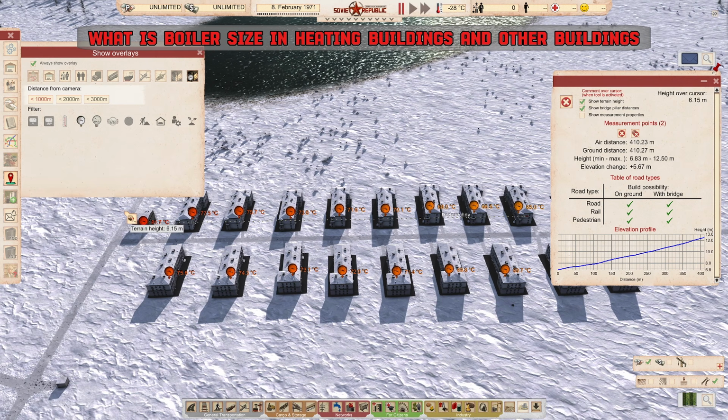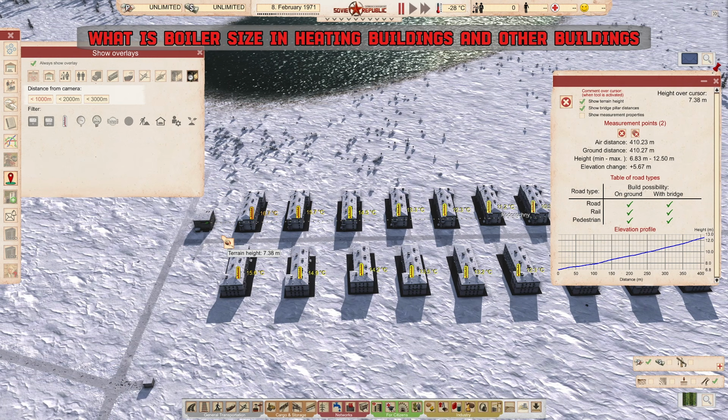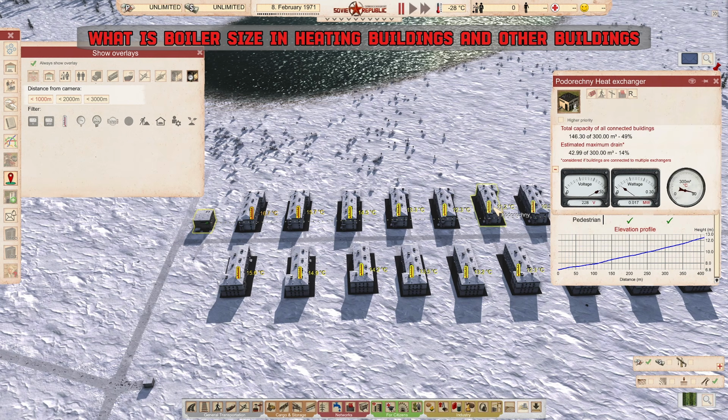If we look over here with only one big heat exchanger, the temperature varies from 16.7 degrees, which is a danger zone, to 9.6 degrees, which is already above the danger zone, and you are in big trouble at the moment. So what I recommend is to never use big heat exchangers, especially in Siberia.